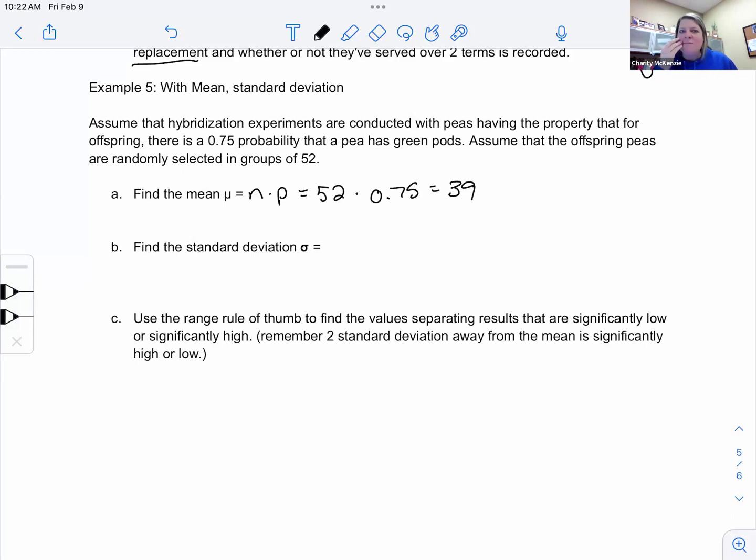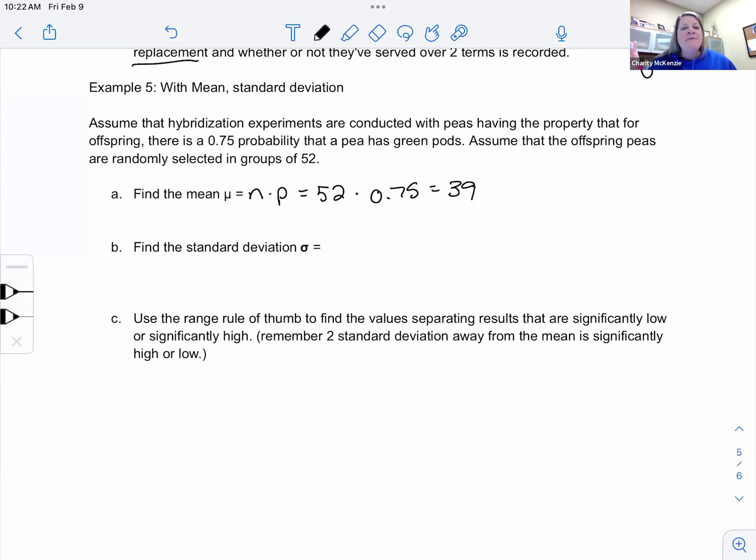The average number of green pods out of the 52 is going to be 39. So you could maybe see where that might be helpful, right? If I want the average number in something, given a probability and given that binomial distribution, it is really for higher level analysis of something.